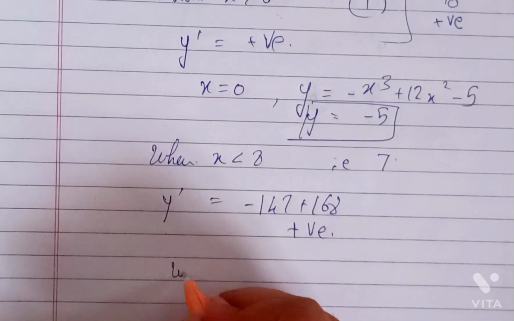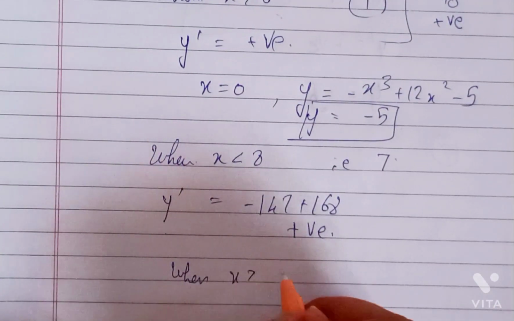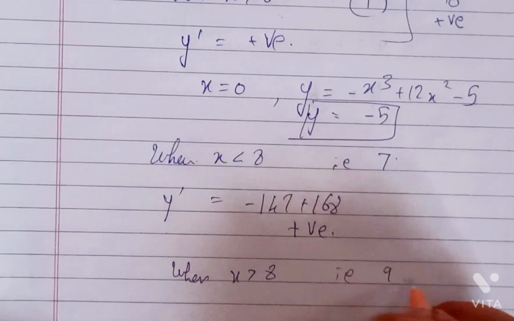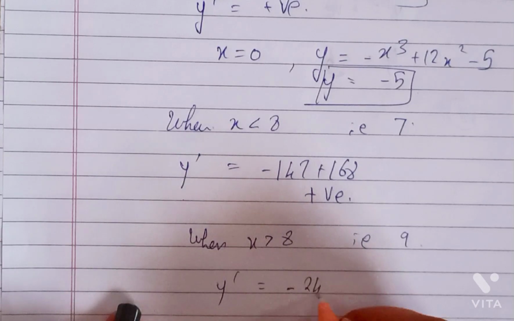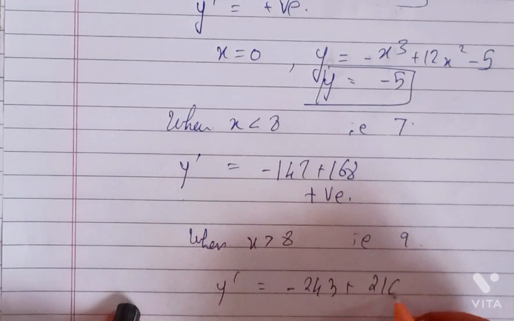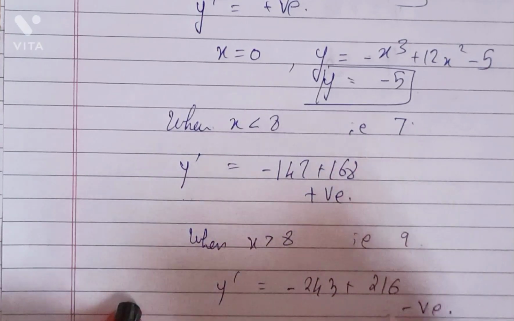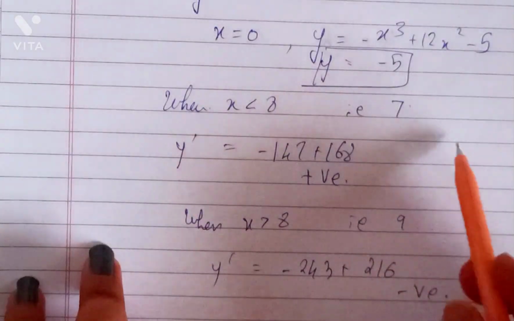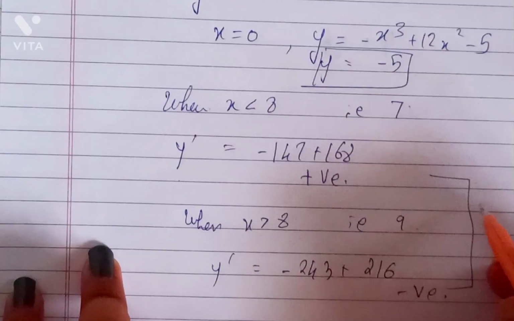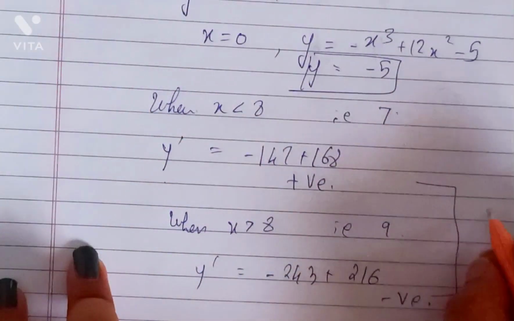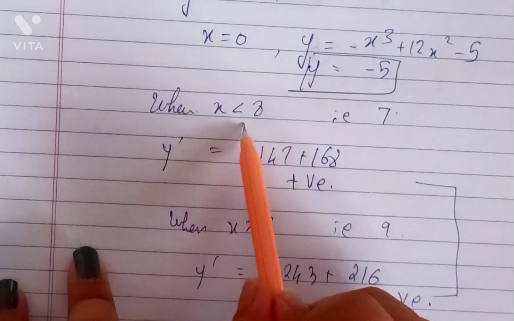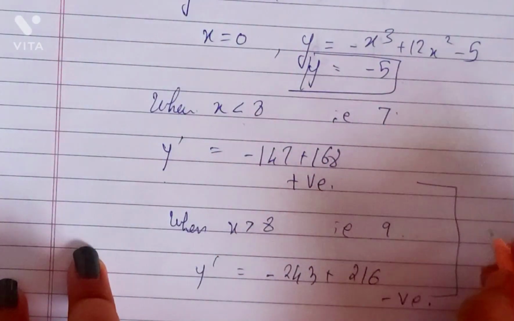Next, when x is greater than 8, suppose it to be 9, you will get y dash equal to -243 plus 216, that is a negative quantity. So you could see the change over here from positive to negative. From this we could say that at x equals 8, it's a point of maxima.